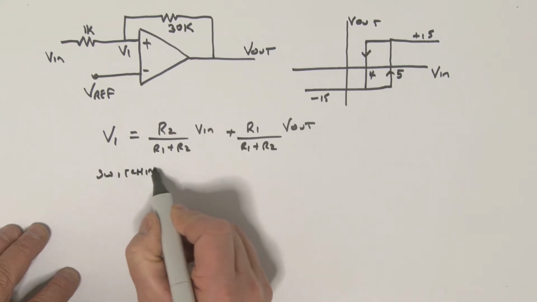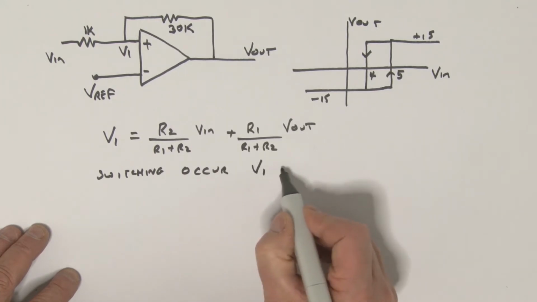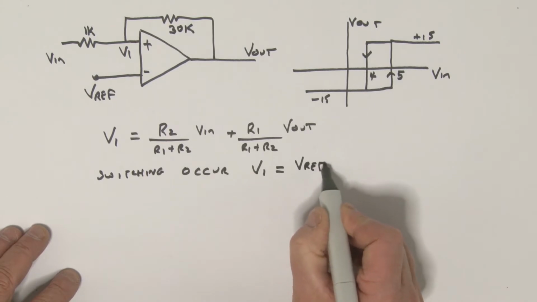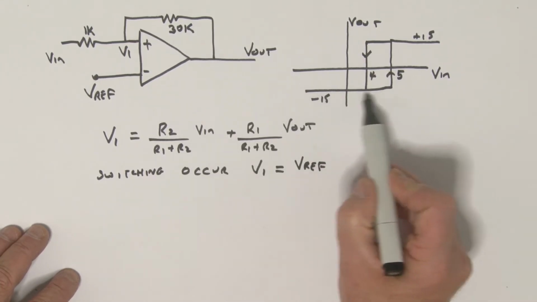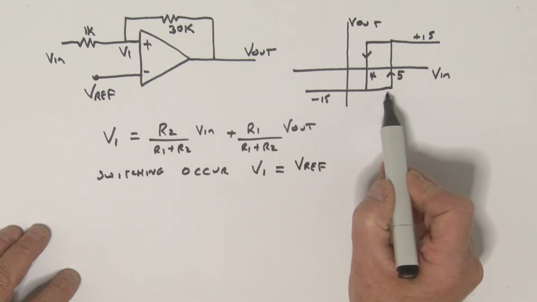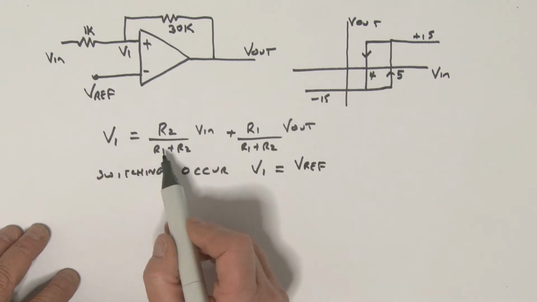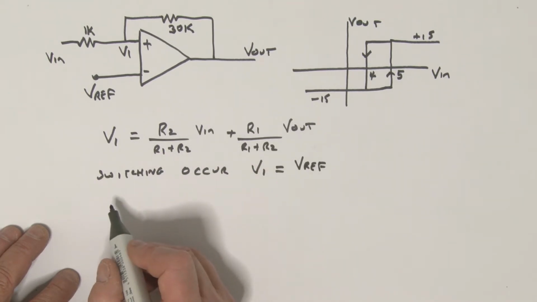Now, V1 is this relationship over here, and switching is going to occur when V1 is equal to the reference voltage. If we assume a starting point where V out is minus 15, we can look for the specific value of V in for that switching condition.